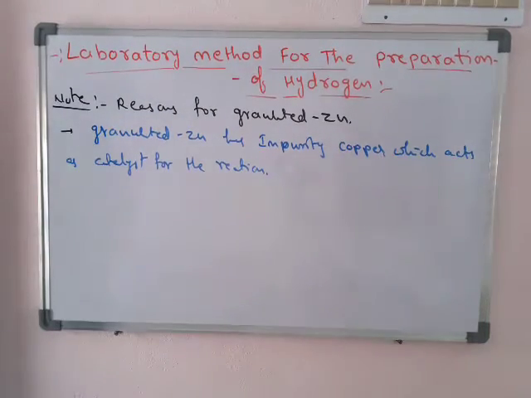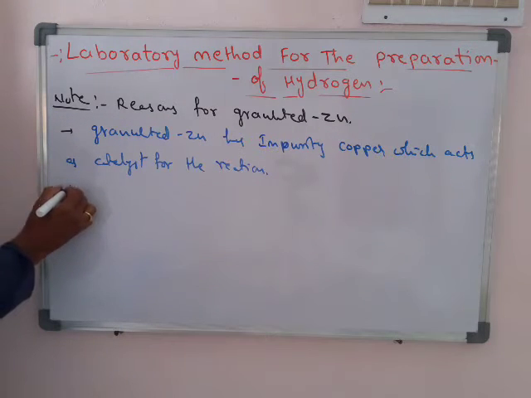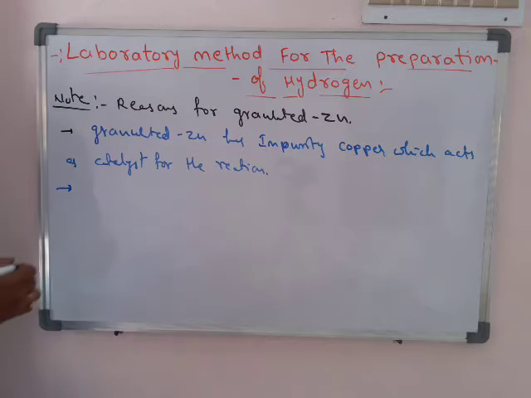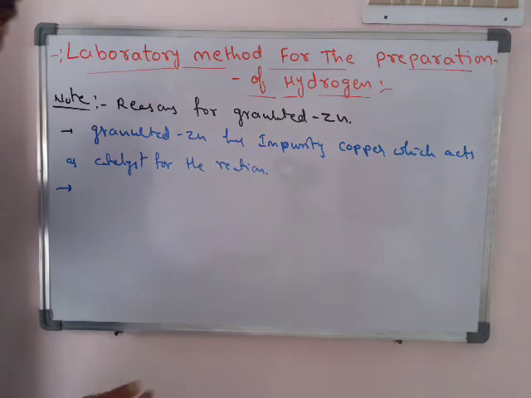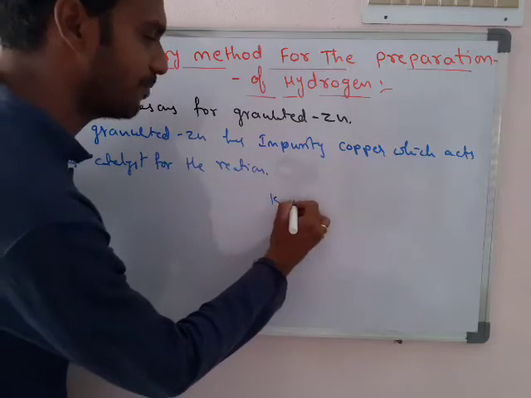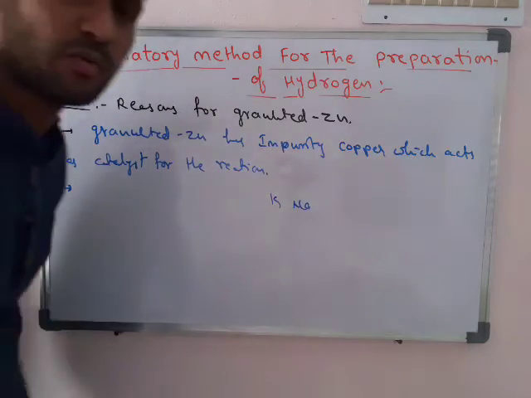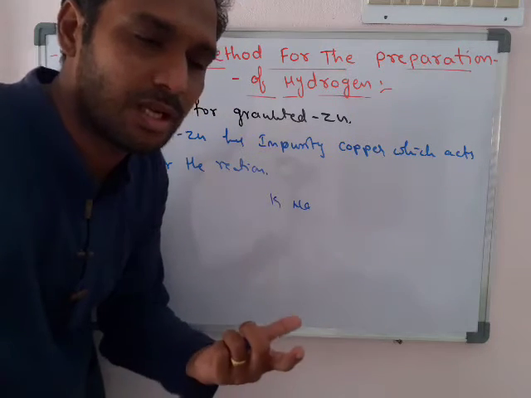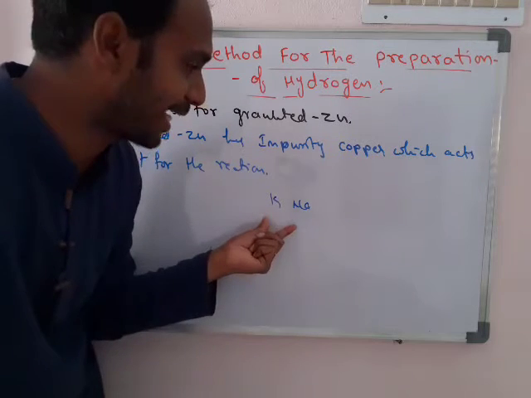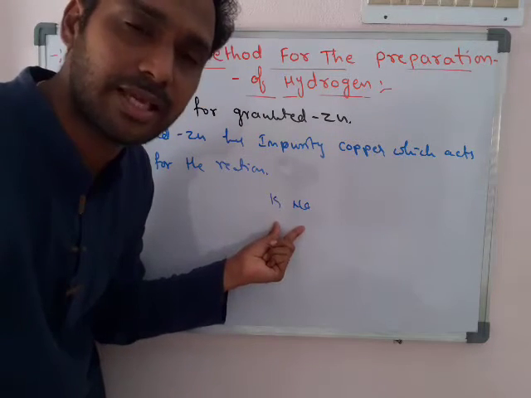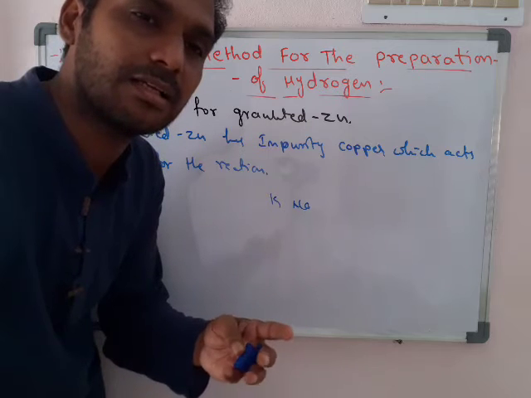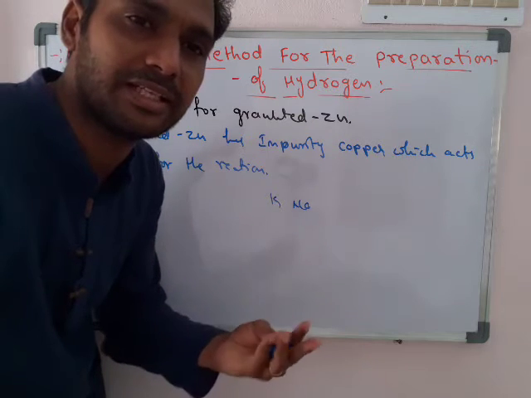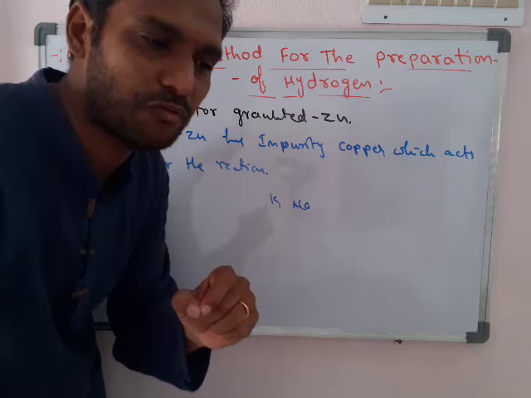Okay, so next, why are you not taking potassium, sodium, calcium, magnesium? So for example, if you take potassium, sodium, we know these are 1A group elements, alkali metals. These alkali metals are highly reactive metals. If you react these highly reactive metals, they react violently.